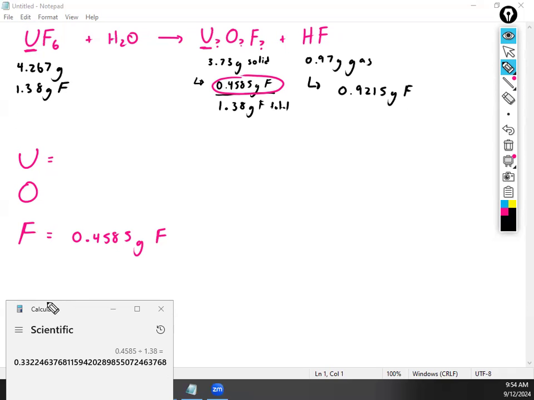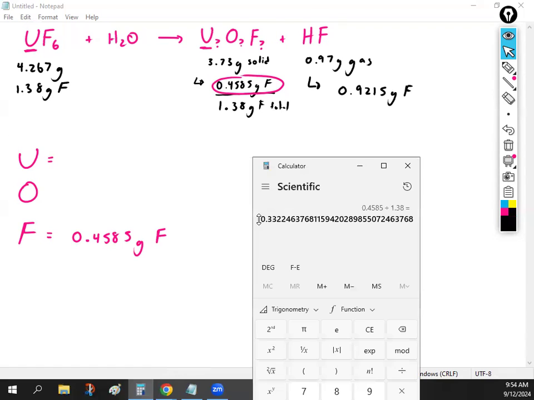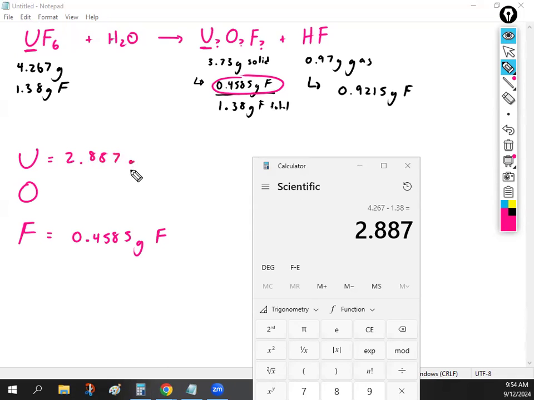We just calculated that. UF6 is made out of only uranium and fluorine. So to find the uranium, you just need to subtract. We do 4.267 minus 1.38. That'll give us 2.887 grams of uranium.